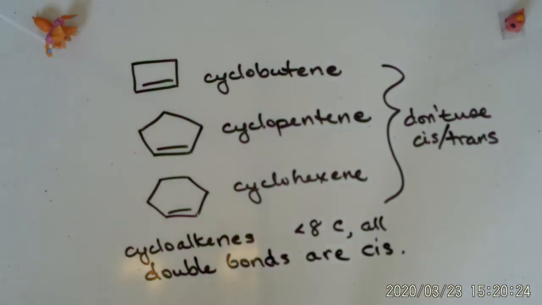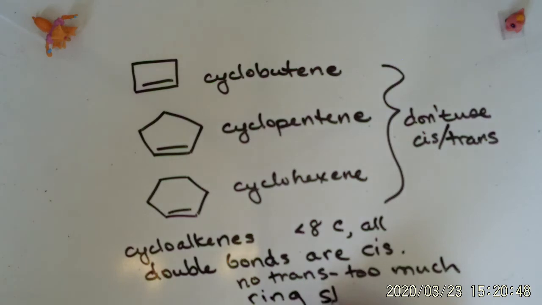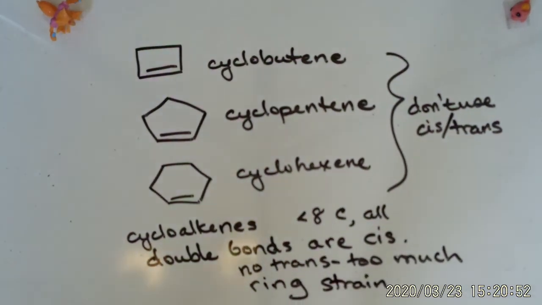Okay? And we need 8 to get a trans. It's not the most favored. Typically at 10, you'll see the more favorable ones. Okay? So, no trans because of ring strain. Okay? So just be aware of that.